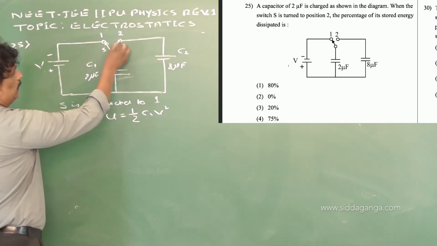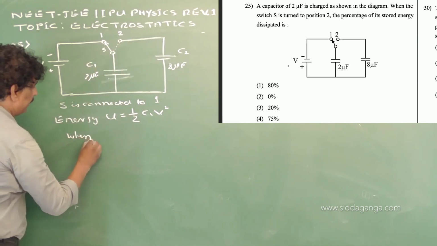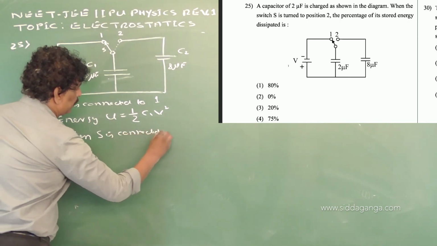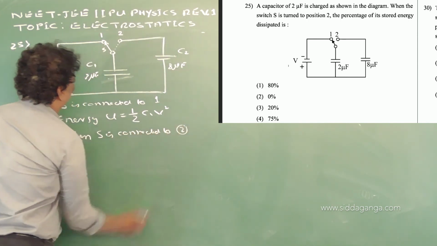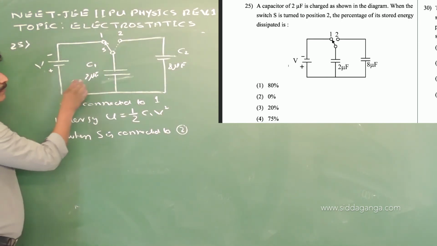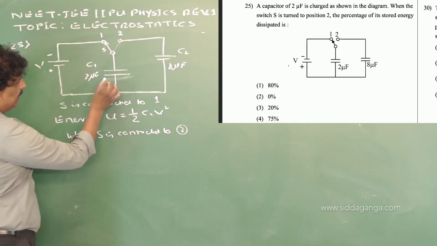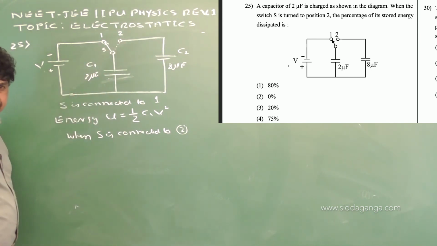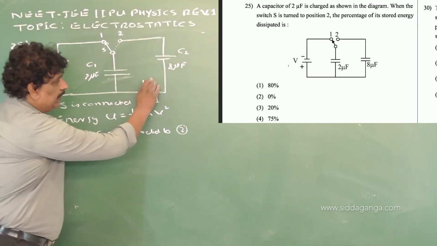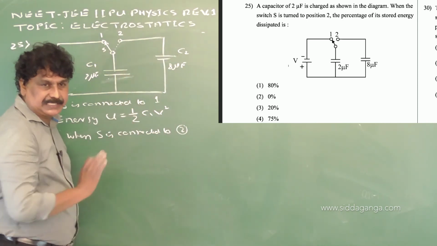Now, when S is connected to number 2, it is disconnected from the battery, but now it is connected to 2. Now C1 is a charged capacitor with potential V, and C2 is an uncharged capacitor with initial potential 0.